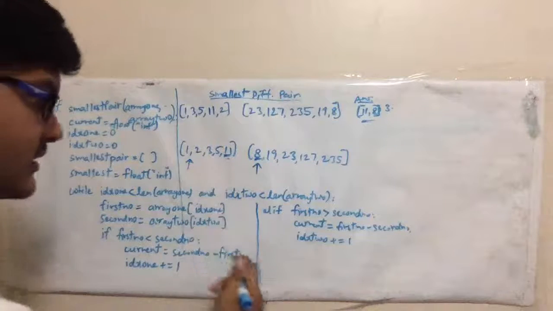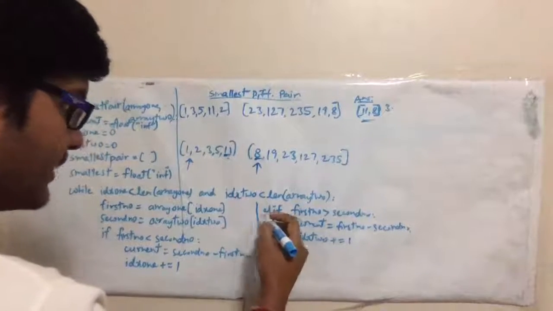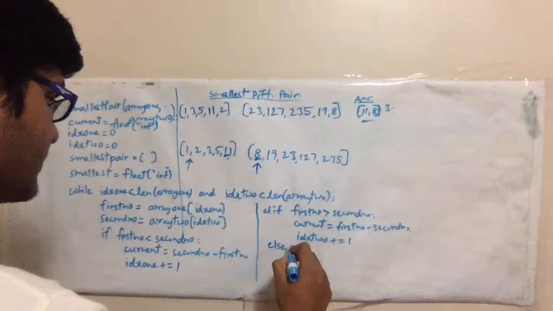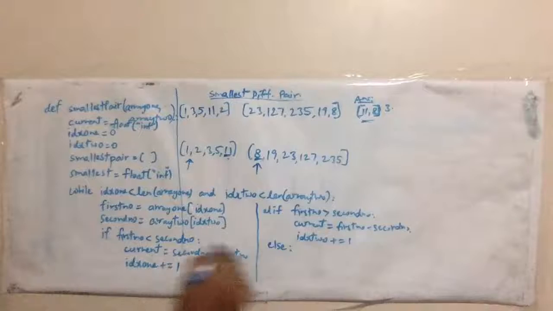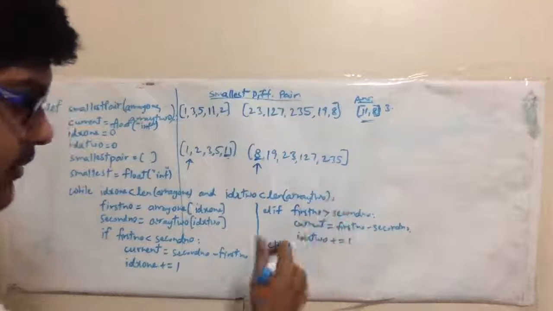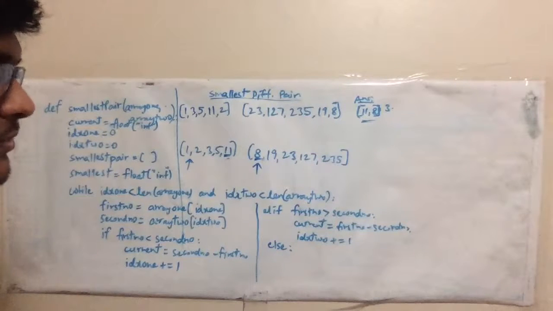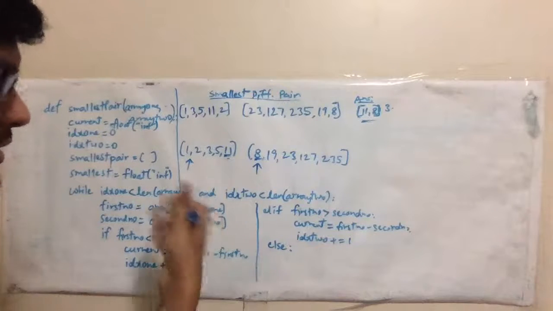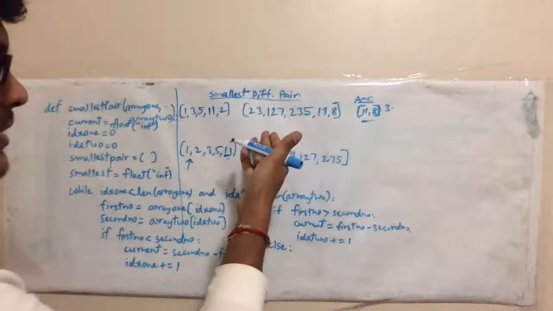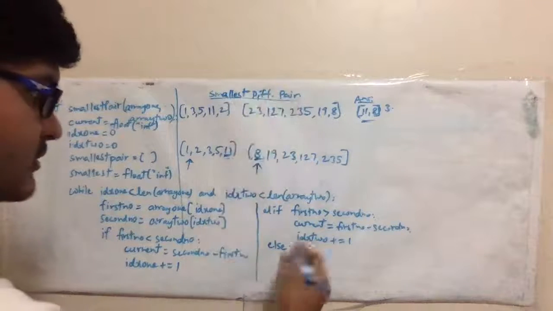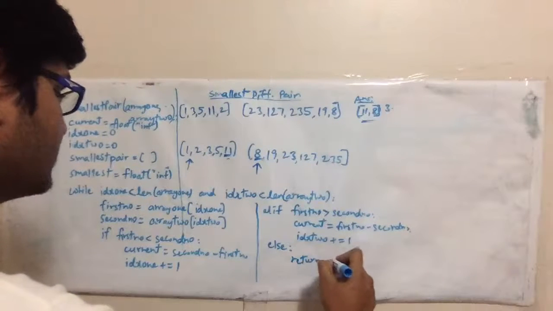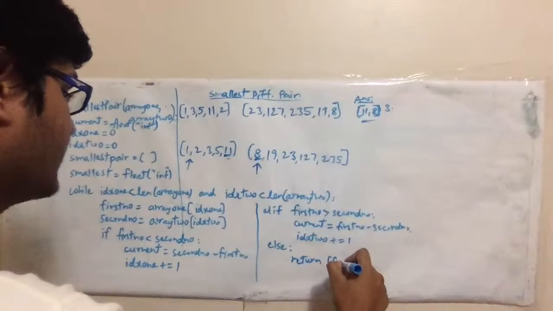So else, if it became equal, first number is equal to second number, what is the minimum difference? If the two numbers are equal, 5 minus 5 is 0, which is already the smallest difference. So we can just return those two elements, the first number and second number, as your pair.